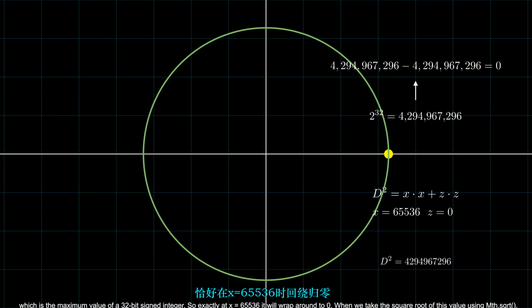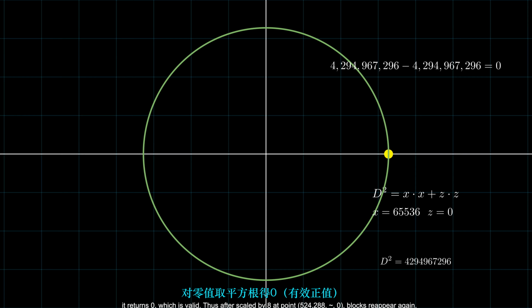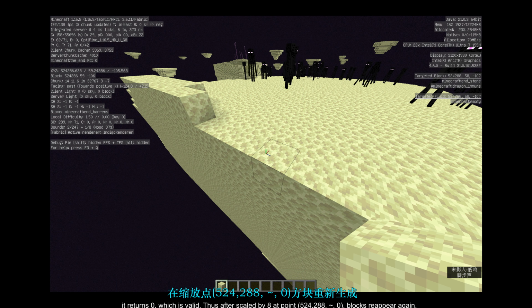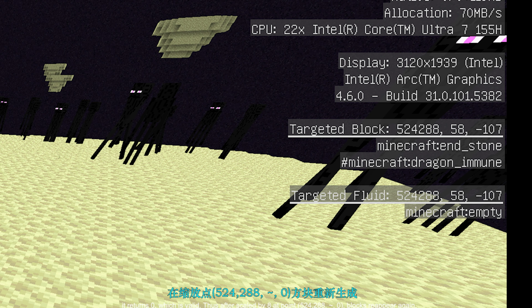So exactly at x equals 65,536, it will wrap around to 0. When we take the square root of this value using the Math.sqrt function, it returns 0, which is valid. Thus, after scaling by 8, at the point 524,288, y 0, blocks reappear again.